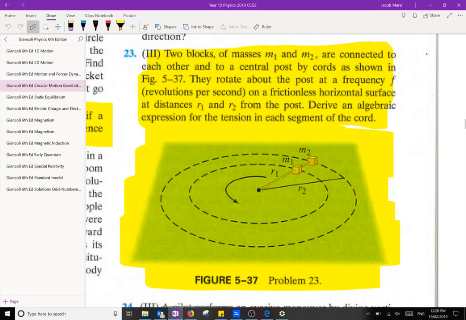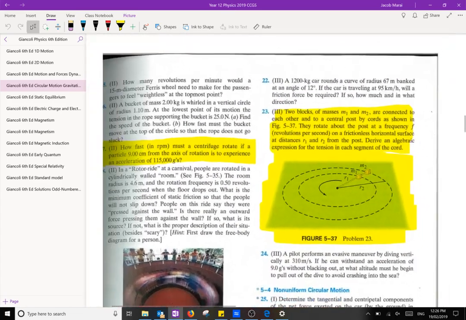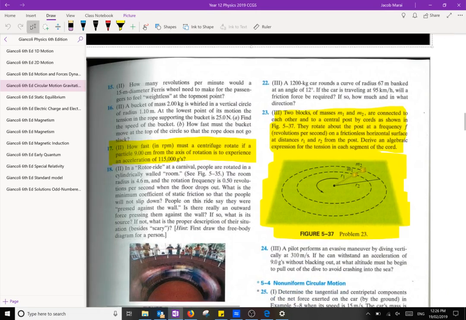But here it just says, ignore friction, in which case the only force acting is the tension along the string. So, I'm hoping that if you can have a look at enough of the Jacaranda questions, whoever's making this year's WACE exam, when they go looking for inspiration, they might turn to the same book.